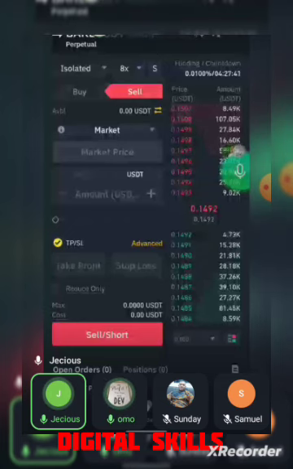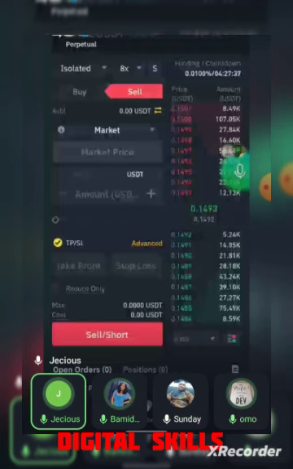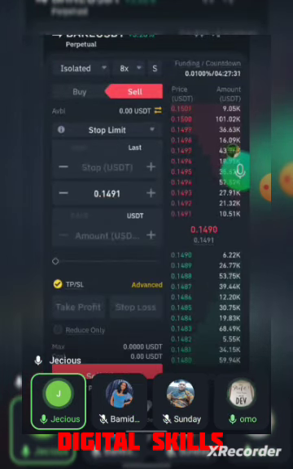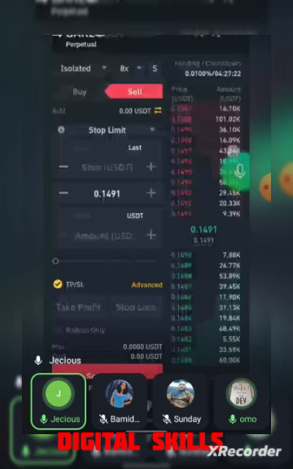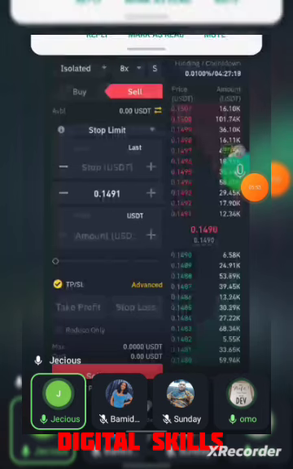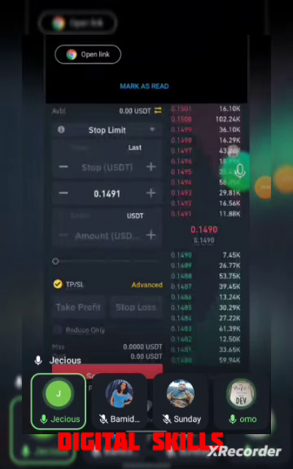Yes or no? Yes, sir. Good. Now the third one, that is the stop limit. The signals have been dropping for stop limit entry, and I can see that majority will get it.